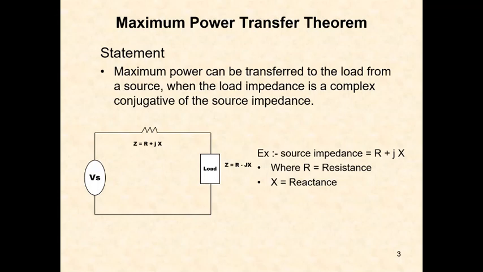If the circuit impedance's reactive component is inductive, then in the load the reactive component must be capacitive, and in both cases the real part must be the same. So if Z is R plus jX, then the load impedance must be R minus jX, and only then will the maximum power be transferred to the load. That is the theorem.